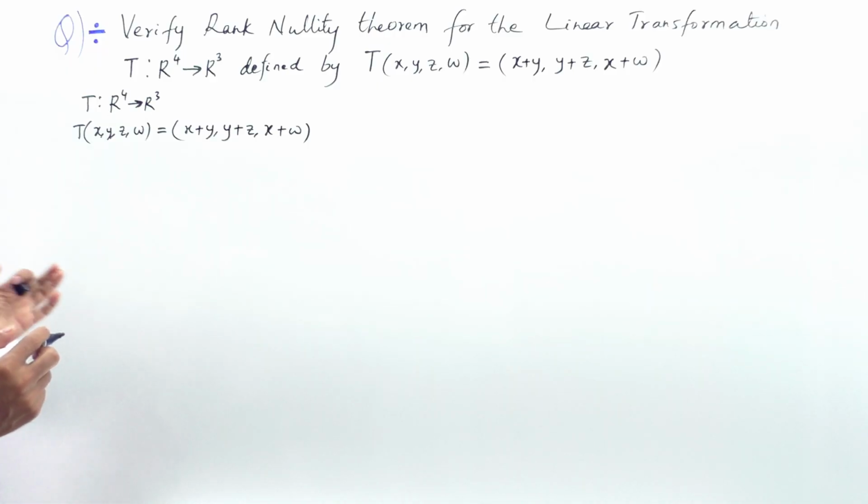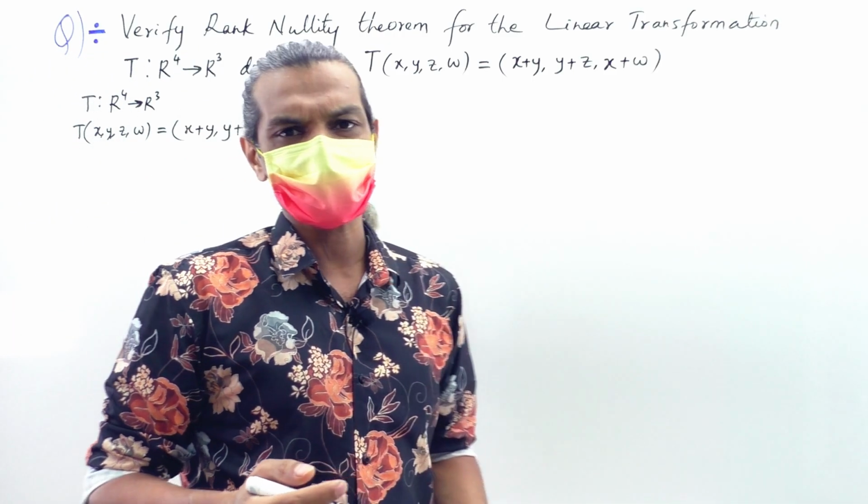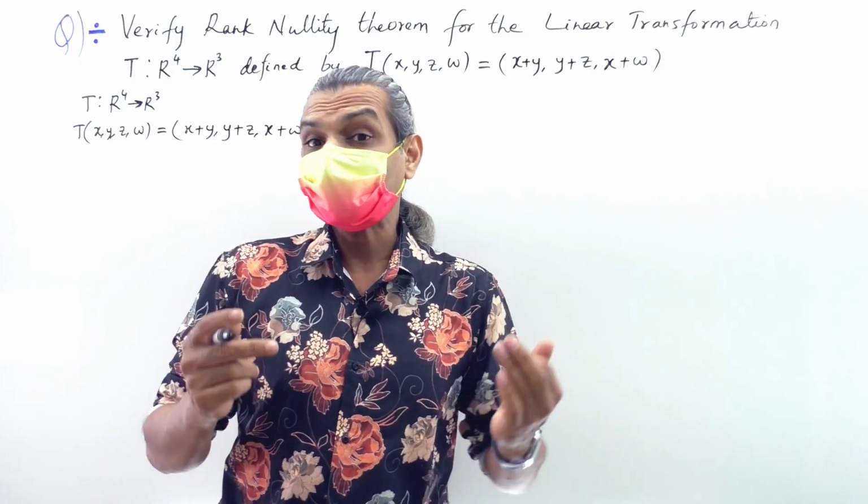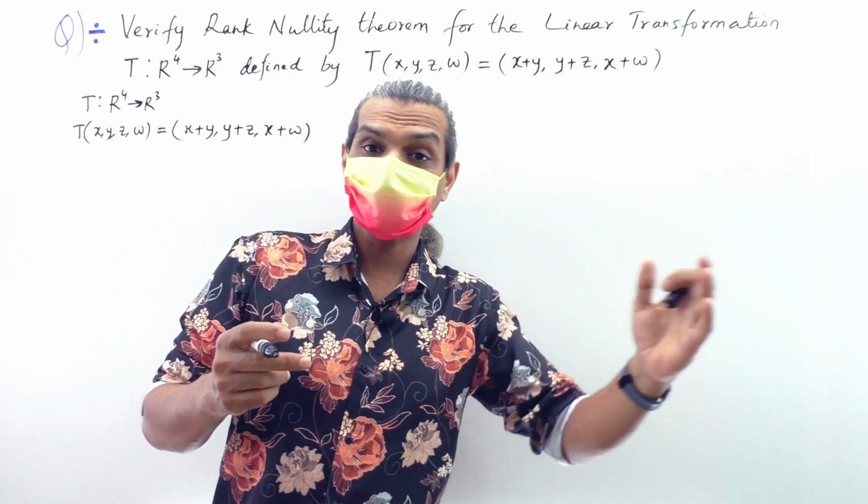As we have discussed in previous problems, the standard basis of R^2 is (1, 0), (0, 1), and of R^3 is (1, 0, 0), (0, 1, 0), (0, 0, 1).